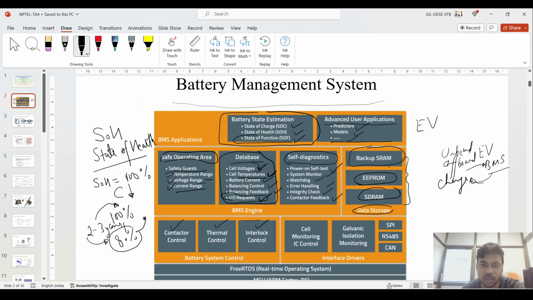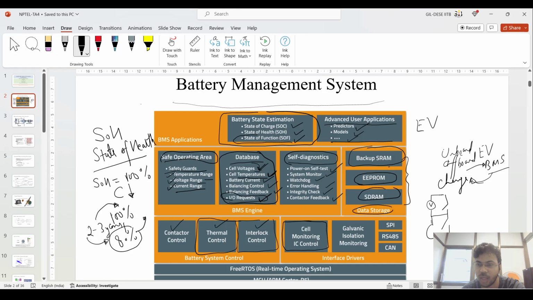In the next system, you will see contactor control, thermal control, interlock control. These things we will discuss further in the coming slides. And there are one more interface drivers, that is cell monitoring ICs. Suppose you have two cells connected in series.